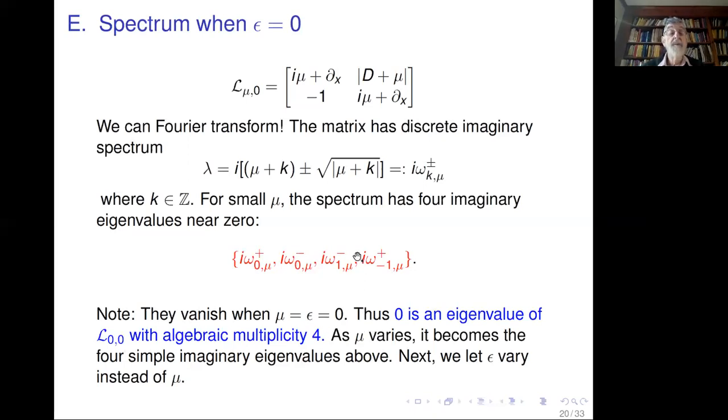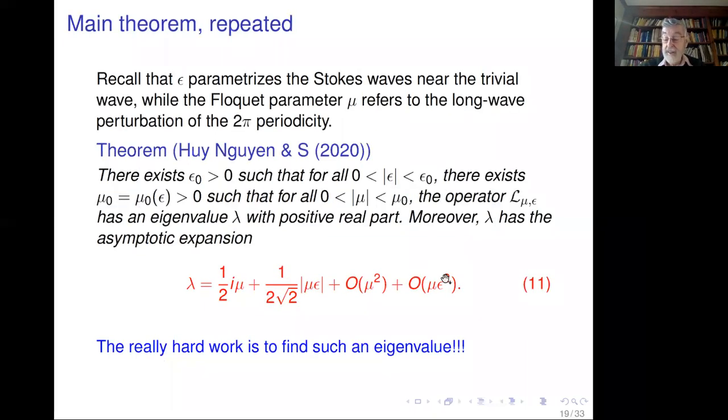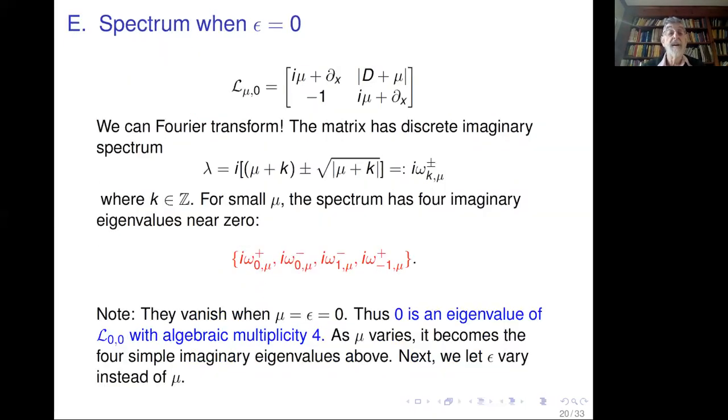And when mu becomes non-zero, that splits into 4 separate imaginary eigenvalues near the origin. Mu is small. But now we have to look at what happens with the variable coefficients. Those variable coefficients are what gives us the instability.